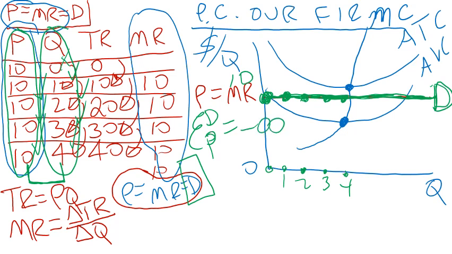Perfectly elastic. Not inelastic. Perfectly inelastic is vertical to the x-axis. Okay, so hopefully this has been understood. Very important. P is equal to MR, marginal revenue, which in turn is equal to demand, the demand line. They're all represented by the same graphical tool, straight line.